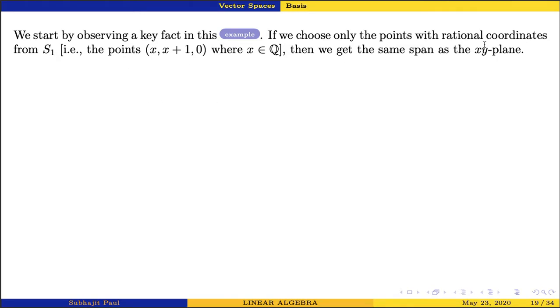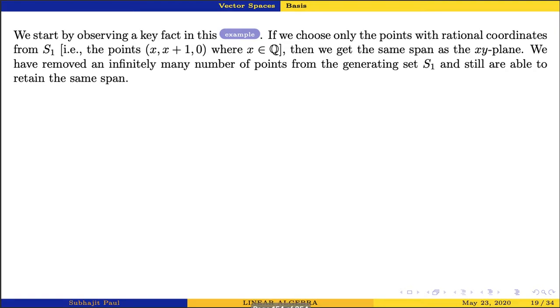Okay, the points with rational coordinates from S1, that is the points (x, x plus 1, 0), 0 because it is in the xy plane. So x comma x plus 1, that is the line y equal to x plus 1, where the point x is varying over Q, the points with rational coordinates on that line. So we get the same span as the xy plane.